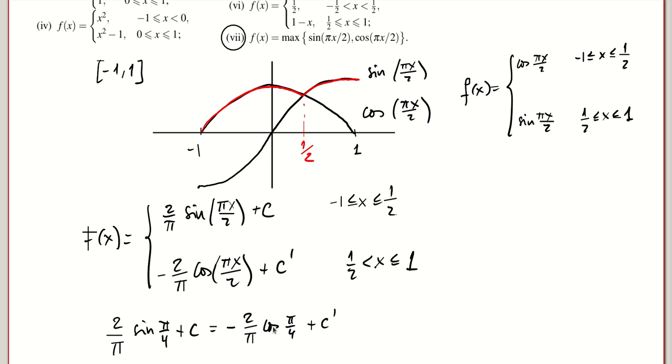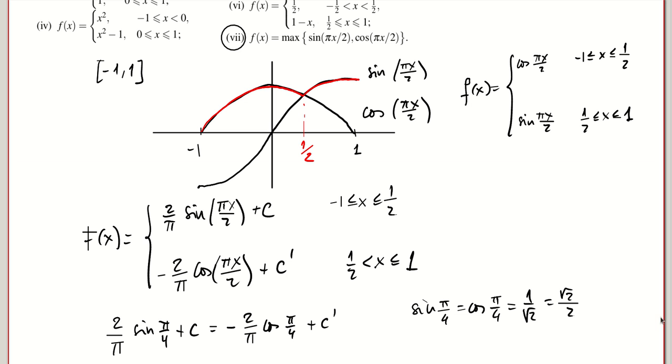Okay, the sine and the cosine of pi over 4 is equal to 1 over the square root of 2, or the square root of 2 divided by 2, as you prefer.